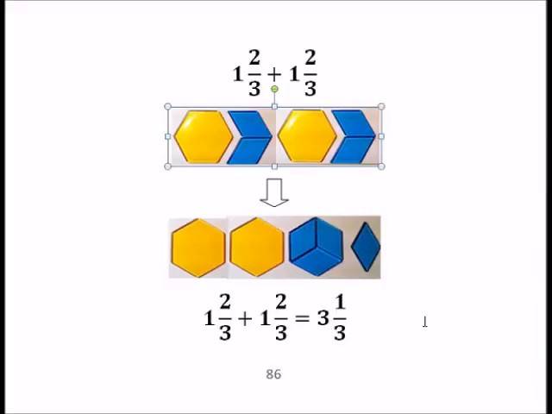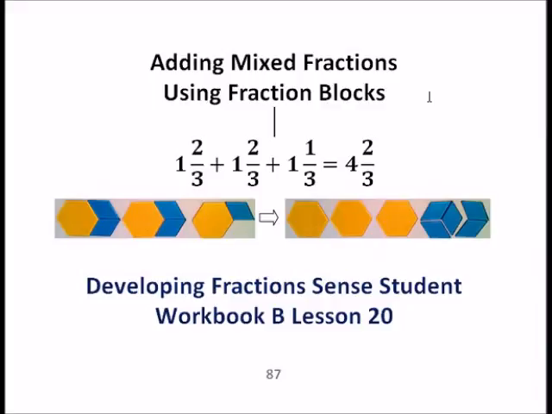So the answer is going to be 3 1/3. But notice something very, very interesting. With the blocks, we're able to form additional wholes, and when we do it with arithmetic, we're also going to be forming additional wholes. So the learning is very exact, from the concrete to the pictorial with these blocks.